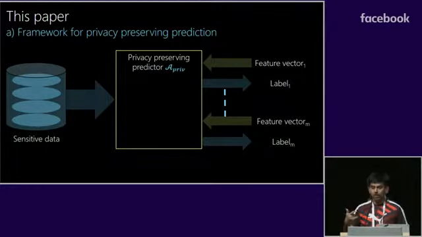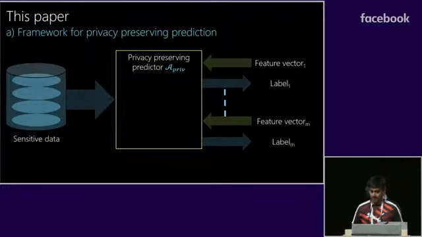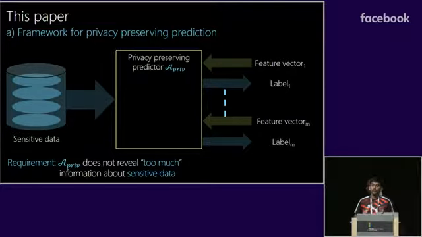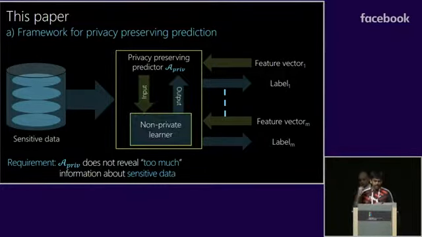Not only should it do this for one of them, it should do it for many such feature vectors. And the requirement from a privacy perspective is that this algorithm APRIV should not leak too much sensitive information about the training data set. Since we are looking at black box construction, the algorithm only has input-output access to the non-private learner.